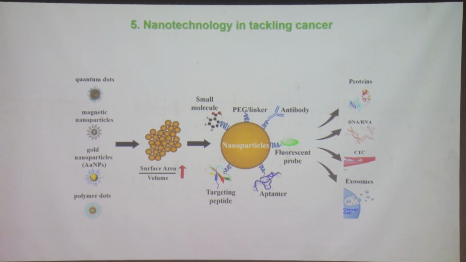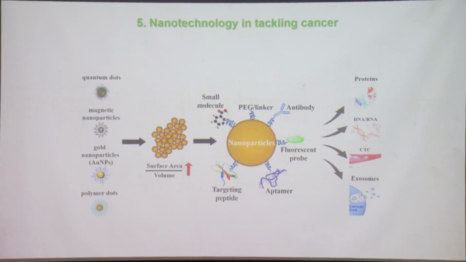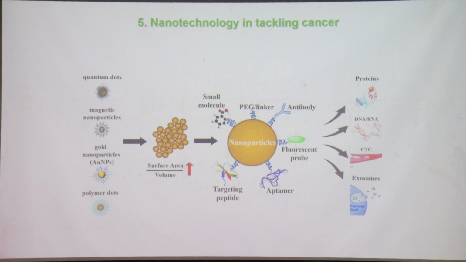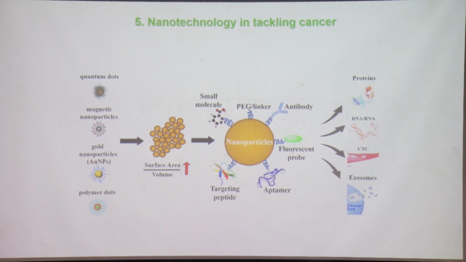So what people have done, they have taken this folate and attached it to fluorescent molecules. I think Professor Venkatesh has also done this work during his postdoc. Wherever cancer is present, usually they have high levels of folate receptor, so that will go and light up the cancer. So now it is FDA approved.